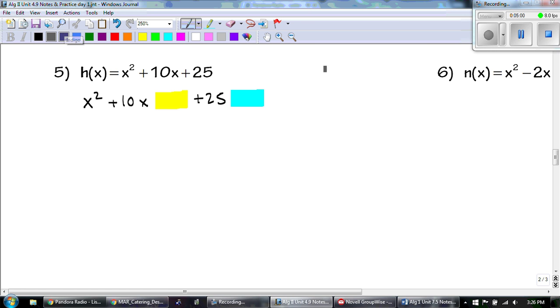So we're going to do, I keep saying the opposite. It's not the opposite. It's just b divided by 2 squared. And that's 5, and then 5 squared is 25. So when we do this, we're adding 25 here, and then I'm subtracting 25 there.